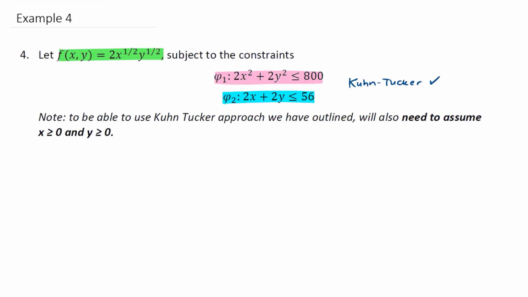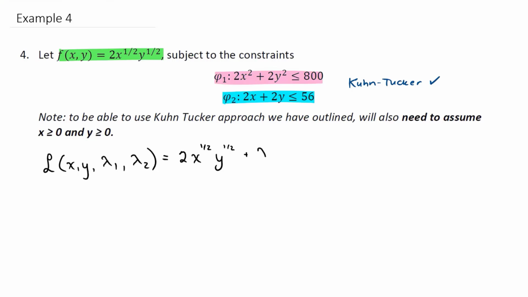So now I'm going to set up my Lagrange equation. Lagrange of x, y, we have two constraints, so I have lambda 1 and lambda 2. The function I'm trying to optimize is going to be 2x to the power of half, y to the power of half.